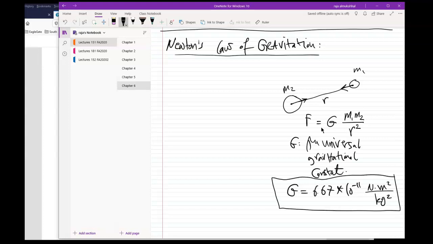In advanced physics, there is a lot of meaning to this number, but we're not going to go over that here. So that's just a constant. It's called the universal gravitational constant. That's basically the story. Now, the thing is, all masses gravitate. Any mass you can ever think of, whether your mass, the mass of the calculator in front of you, the mass of your computer screen, the mass of your pencil, anything around you, gravitates.